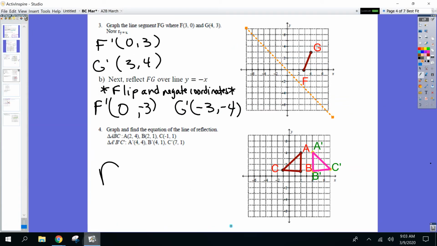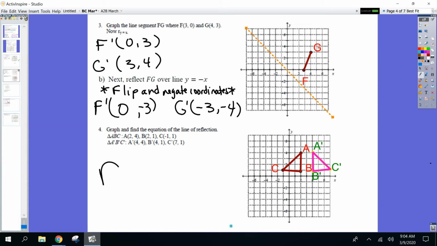Take your time. 17, what line are we going to reflect over? Who's 17? When you're ready, let me know the line you're going to reflect over.